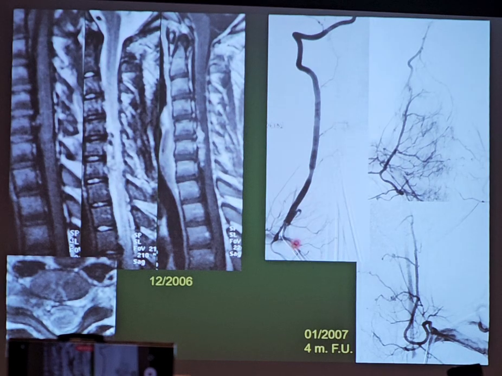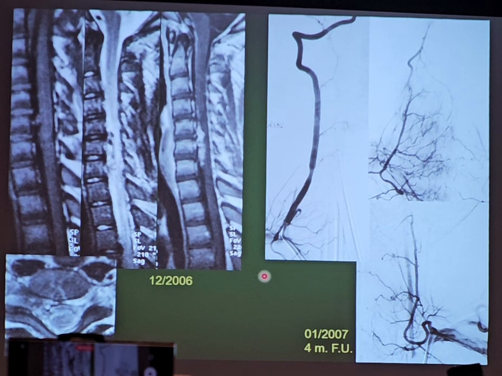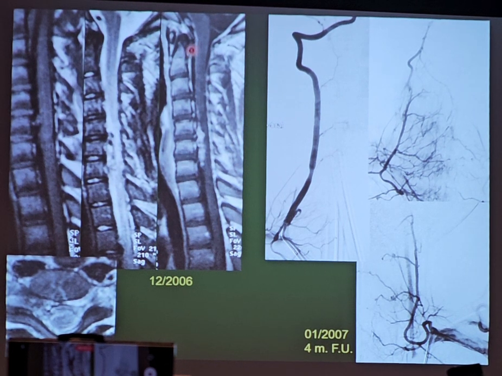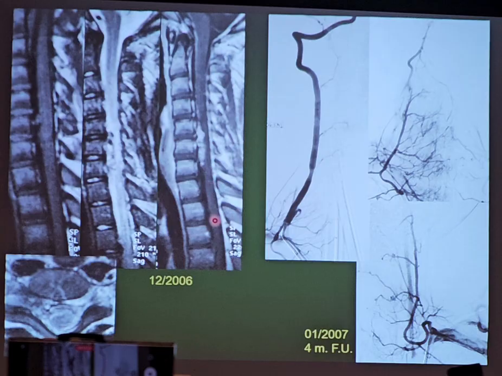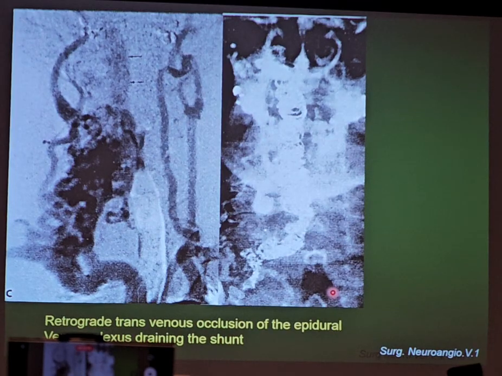This is the follow-up. It looks really normal for the right side, and the dilated vascular pouch that used to compress the spinal cord has collapsed in the follow-up study.